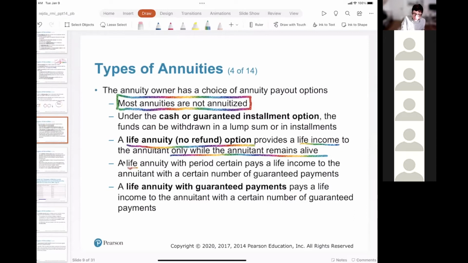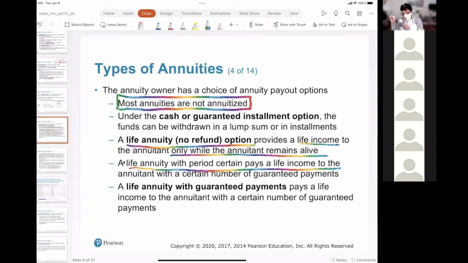A life annuity with a period certain is similar, but it's saying, look, thanks for bringing your $1 million. Here's what we'll give you for income every year. And we'll guarantee that we'll pay at least 5 years' worth of income payments, either to you or to your beneficiary. So if you die in the first 5 years, your beneficiary will get the balance of that 5 years' worth of guarantee.